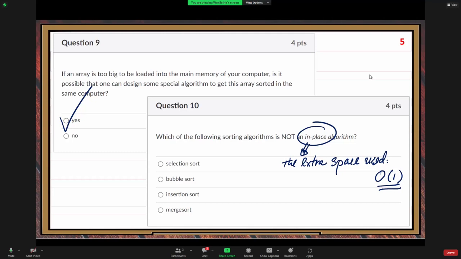If there is more than one correct answer, which is rare, I will write something to let you know, like choose all that can apply, in parentheses. If I do not write that, you'll assume only one correct answer.